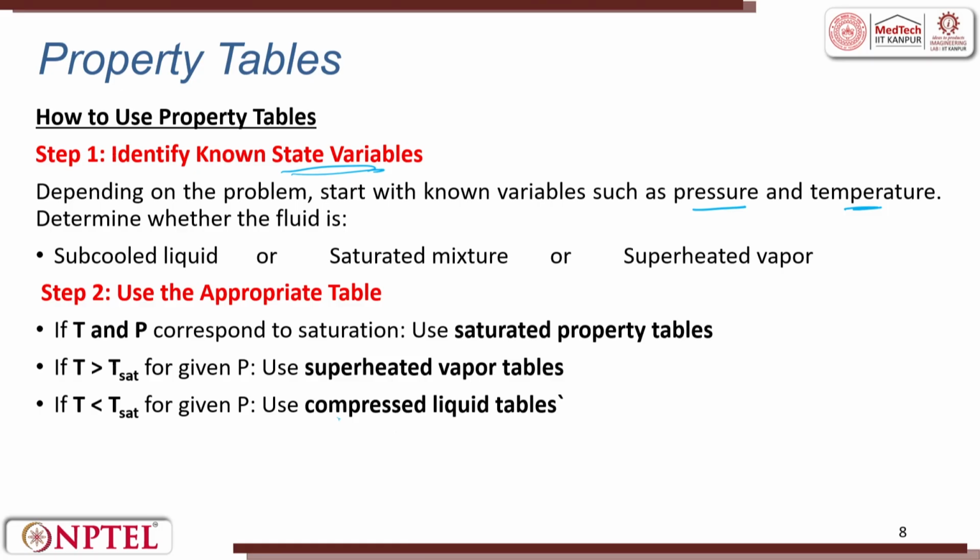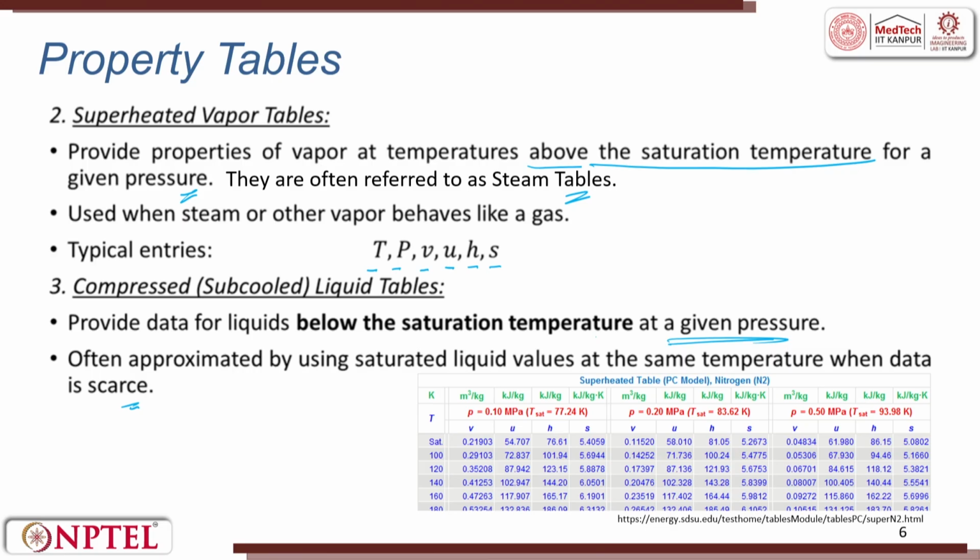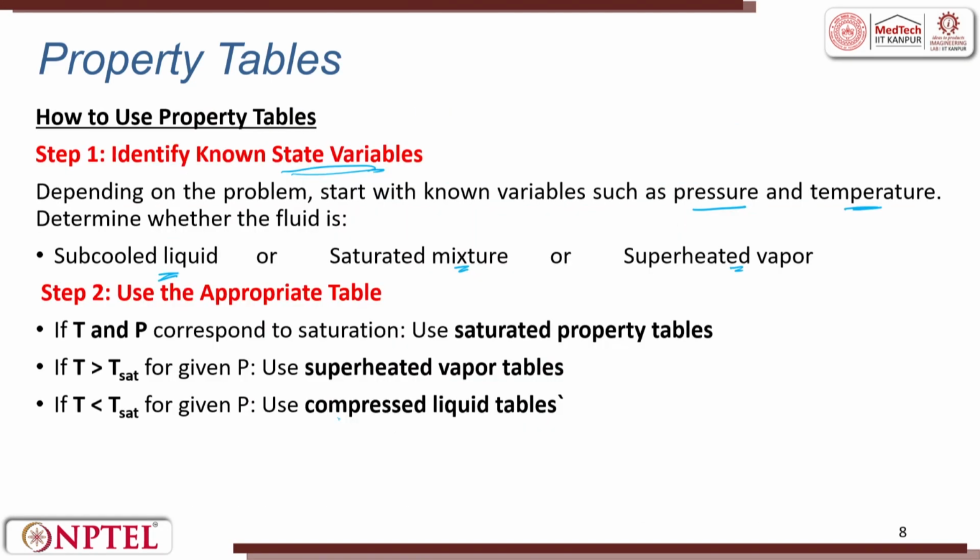Determine whether the fluid is subcooled, a saturated mixture, or superheated vapor. You see, subcooled liquid, saturated mixture and superheated vapor. So, this we saw here: superheated vapor table, subcooled liquid table and saturated mixture. We said the first table. Now step 2 is to use the appropriate table.